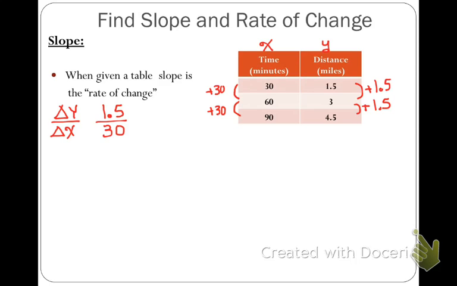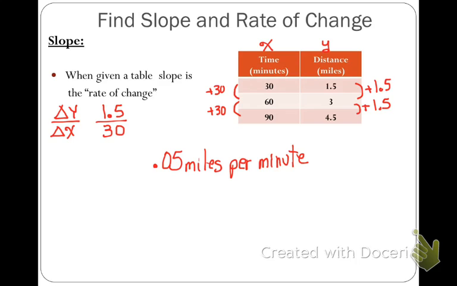Now I can see that my x is time and my y is distance. So what this tells me, if I put 1.5 divided by 30 in my calculator, I'm going to get 0.05 miles per minute.